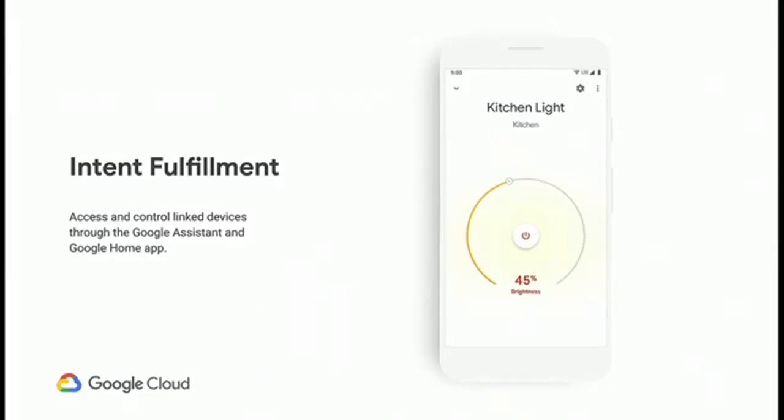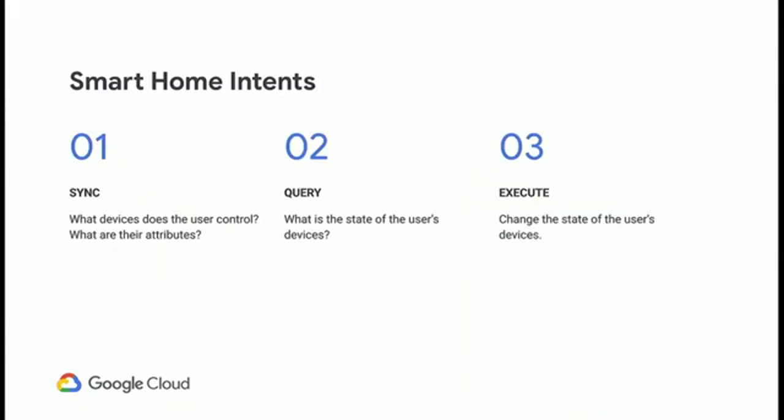All right, let's move a little bit now to intent fulfillment. Smart home intents enable users to access and control the devices that they've linked through voice interaction, as well as through the Google Home UI. Remember, I showed you both of those as we were going through the demo. The fulfillment basically requires that you handle three primary intents: a sync intent, a query intent, and an execute intent.